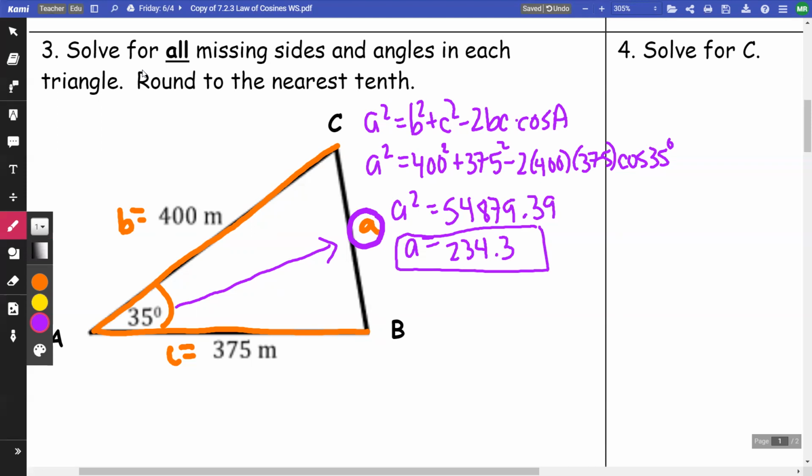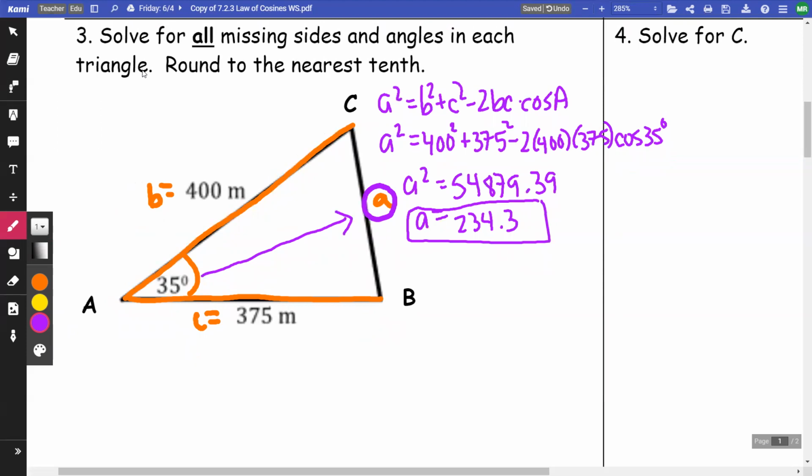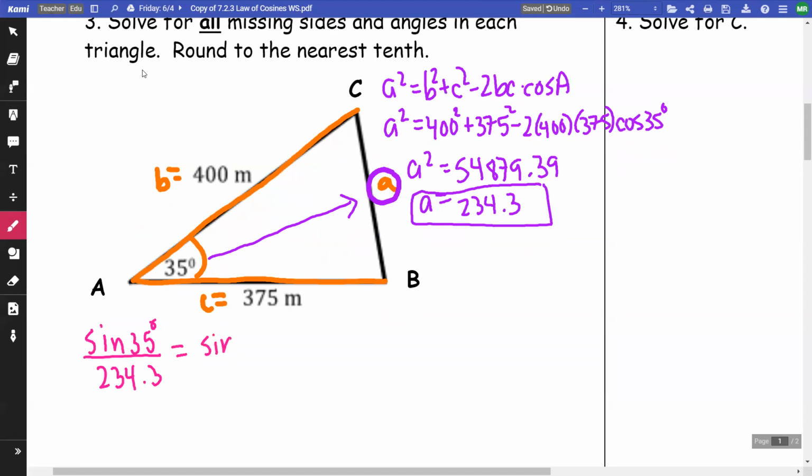So now that I know an angle and a side opposite, I can use law of sines. So I am going to do sine of 35 degrees over 234.3 equals sine of, let's find angle B first, so sine of angle B over 400.